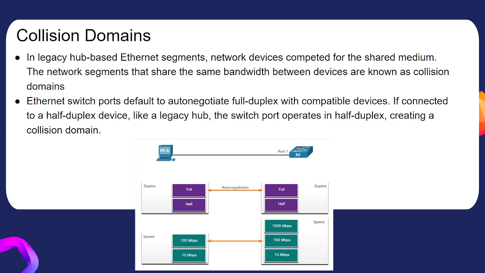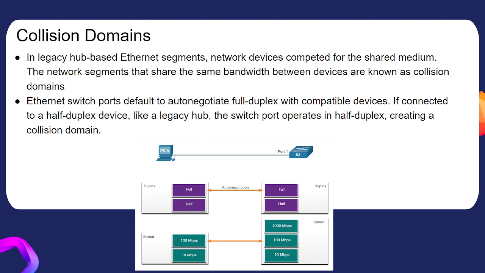Collision domains. In legacy hub-based Ethernet segments, network devices competed for the shared medium. The network segments that share the same bandwidth between devices are known as collision domains. Ethernet switch ports default to auto-negotiate full duplex with compatible devices.